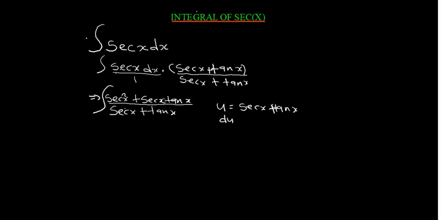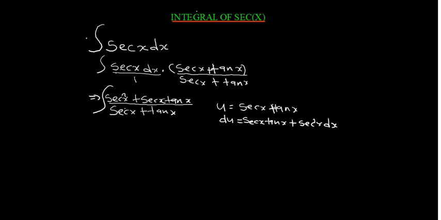What is the derivative of sec x? That is sec x tan x. Then what is the derivative of tan x? That should give you sec squared x. Then dx like that.